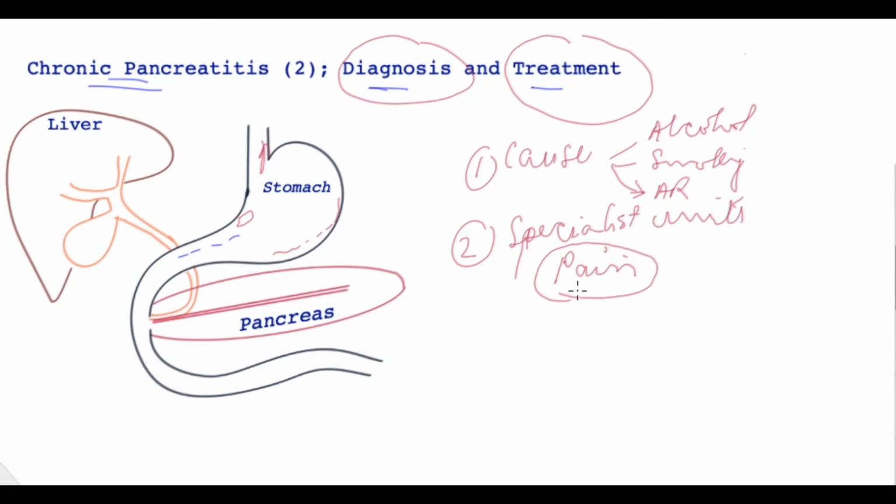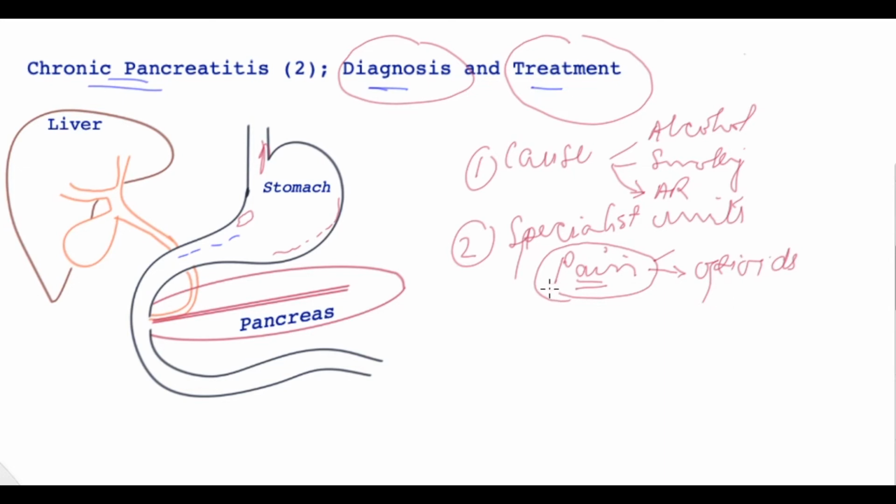That said, the pain is the most difficult feature. The attempt should be to use simple analgesics, and if opioids are required, that this should be a considered, graded decision between the physician and the patient.